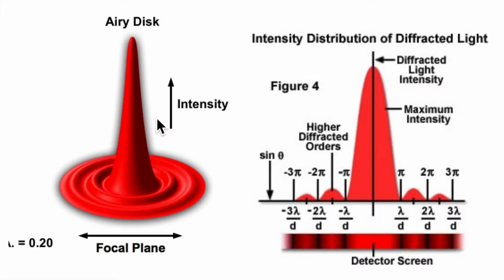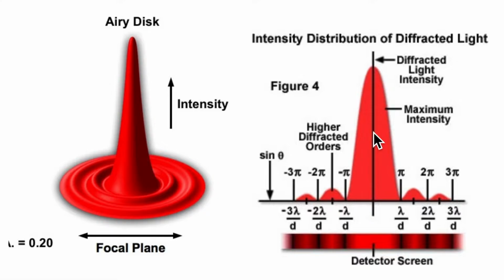We're going to have a spike in intensity in the middle, what we call the Airy disk. This is a bright central spot. This is diffracted light intensity, and it's what we call 0th order diffraction. So this is the 0th order diffraction spot. It's the central spot. So this is just kind of a side view of that Airy disk, and this is where the maximum intensity comes.